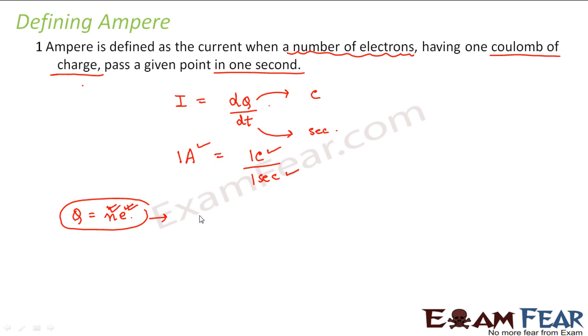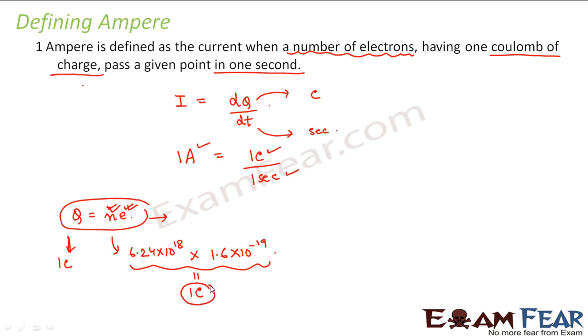The charge will be 1 coulomb when the number of electrons is 6.24 into 10 to the power 18, into the electronic charge, which is 1.6 into 10 to the power minus 19 coulomb. If you multiply these two, you get 1 coulomb.